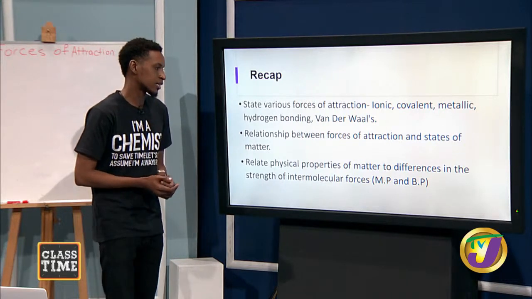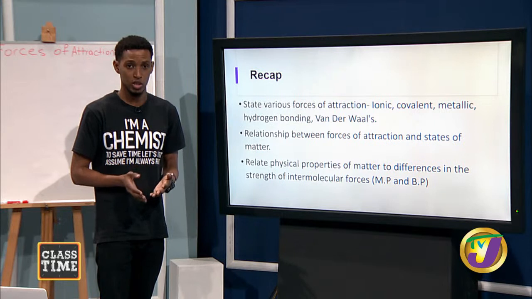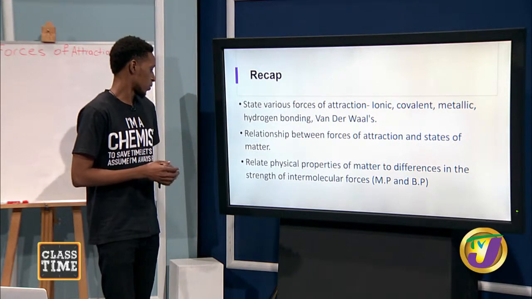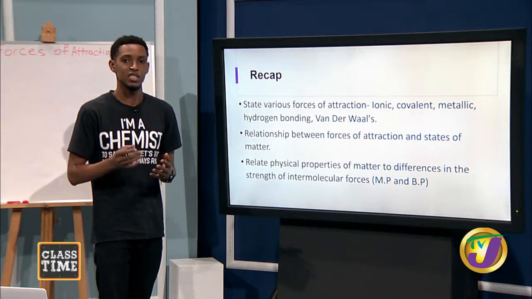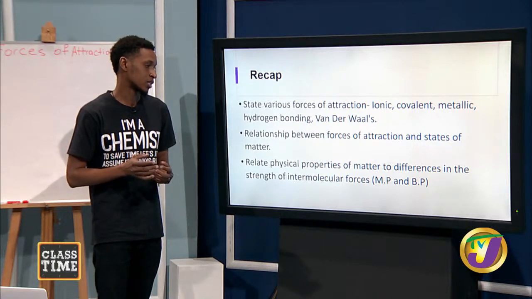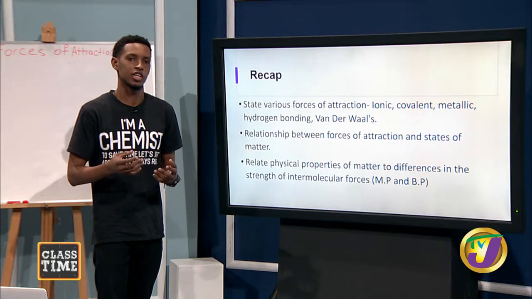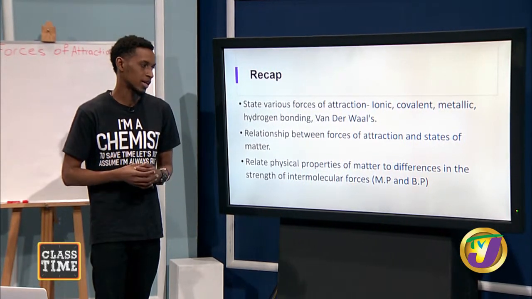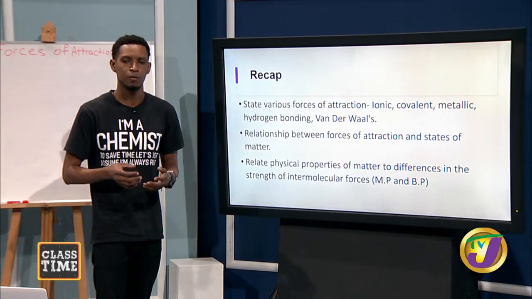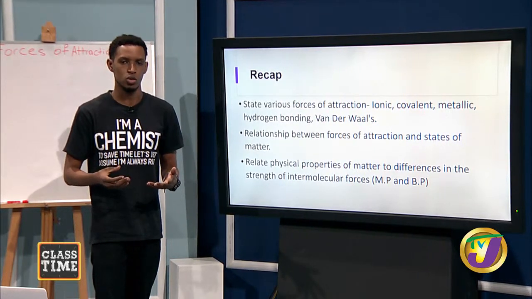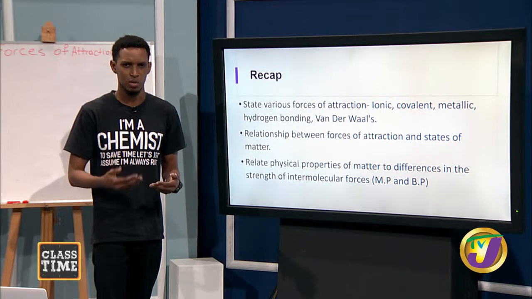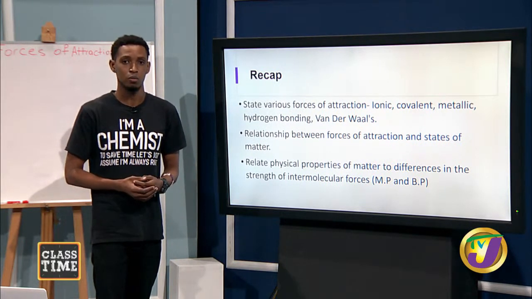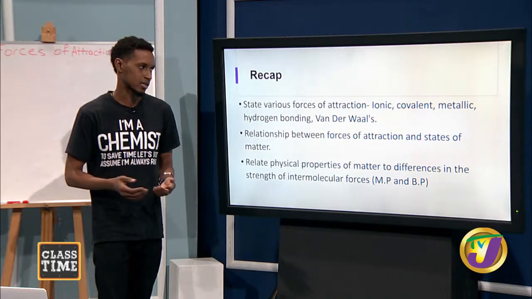We also stated the relationship between forces of attraction and the states of matter. We also related the physical properties of matter to the different strengths of the intermolecular forces. So if you had a strong intermolecular force of attraction, more than likely that substance would be a solid. If it was intermediate, it would be a liquid. If it was weak, it would more than likely be a gas.